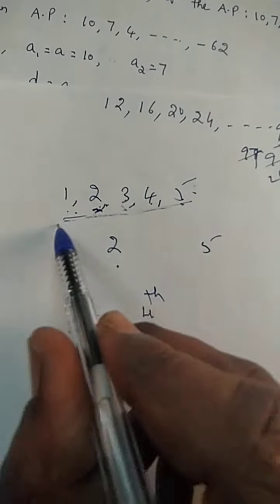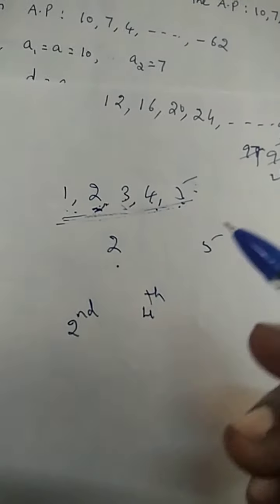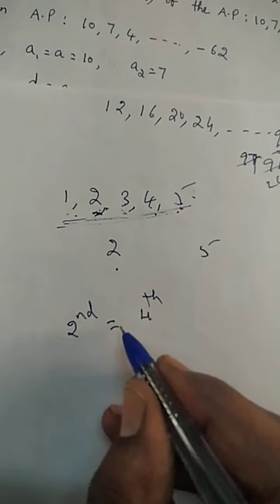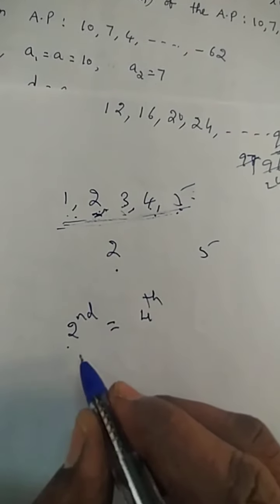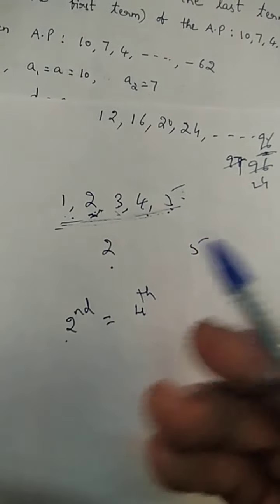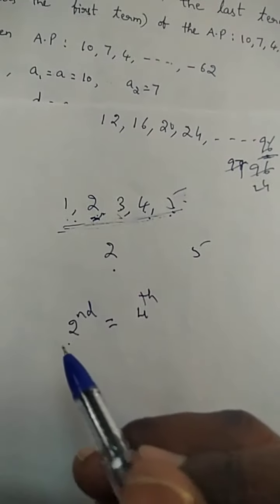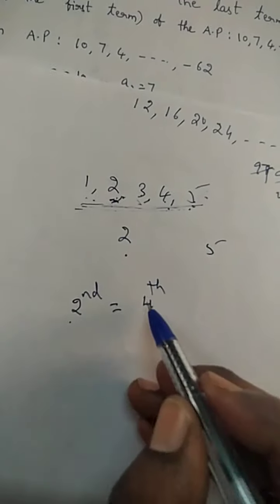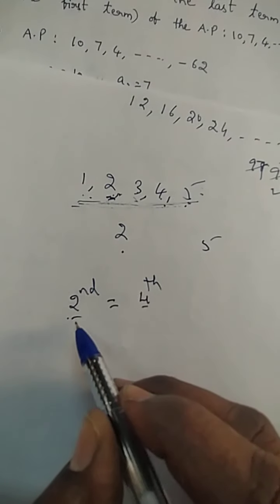How many total terms are there? 5. So the fourth term from the last is also the second term from the first. We don't have any formula to find the fourth term from the last, or the sixth term from the last; we directly find it as the second term, third term, fourth term, like that. How can you say the fourth term is equal to the second term?